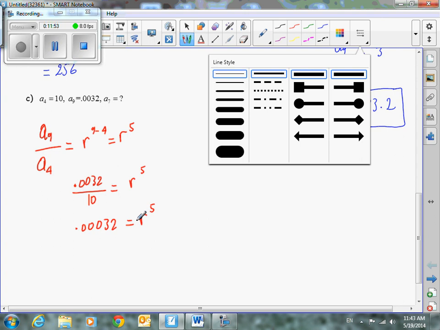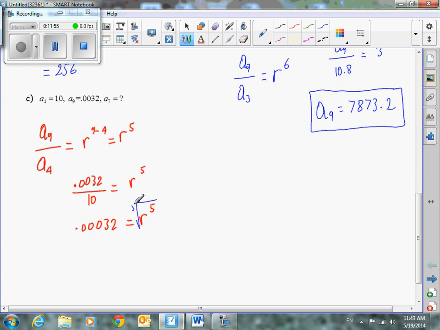So the fifth root means this on both sides. To put it on your calculator, make sure you do math. You press 5, then math, 5, and you put that small number. It should be 0.2. So R is equal to 0.2.